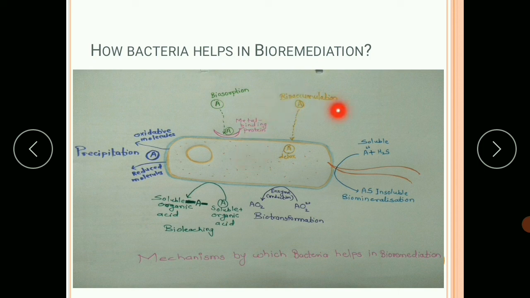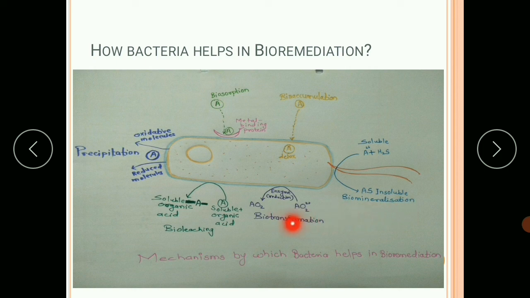But sometimes bacteria may detoxify this metal. Third one is biomineralization. In this, any metal will react with hydrogen sulfide and get converted to a sulfurous compound, and this is termed as biomineralization.